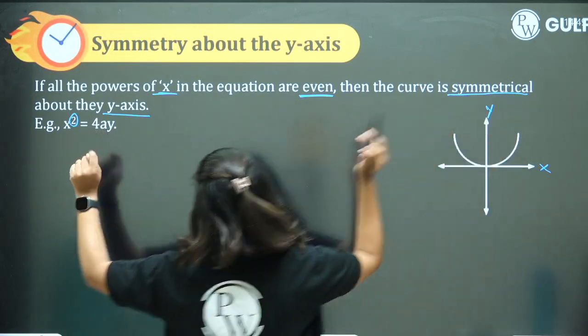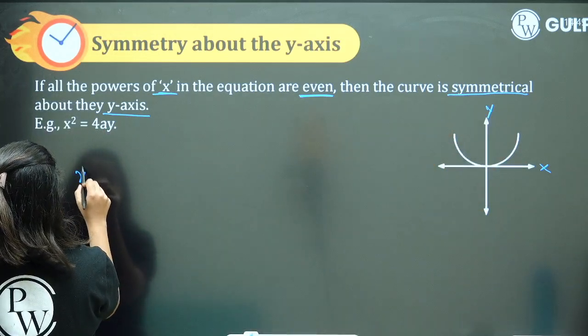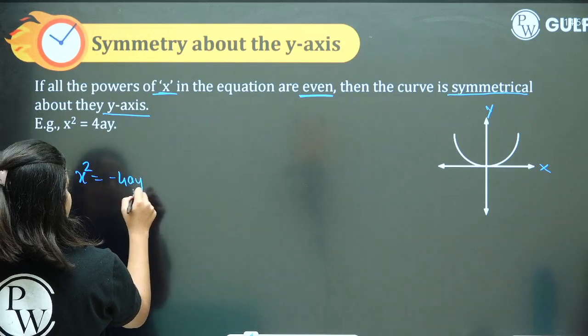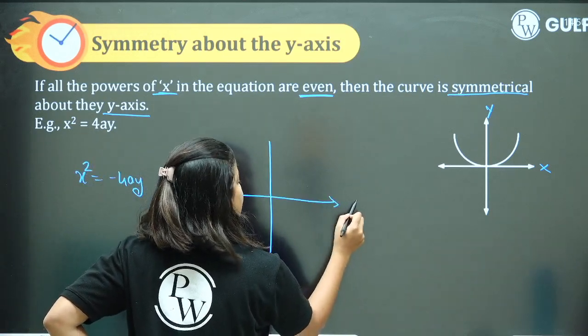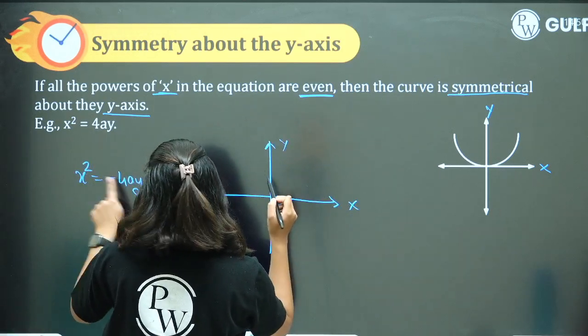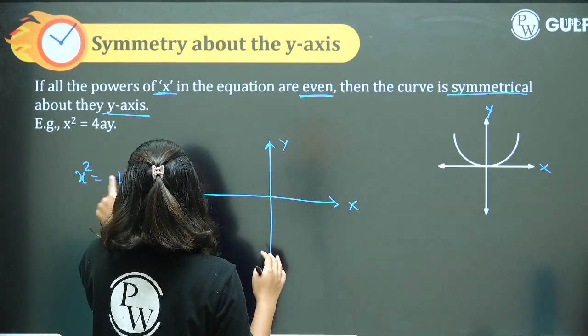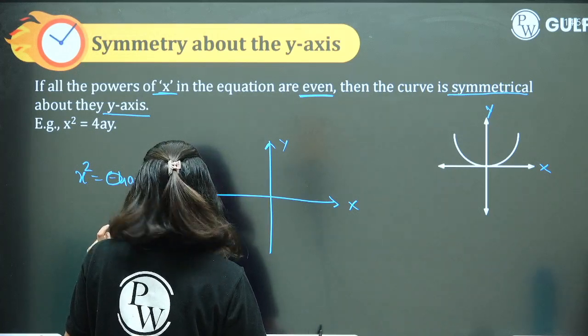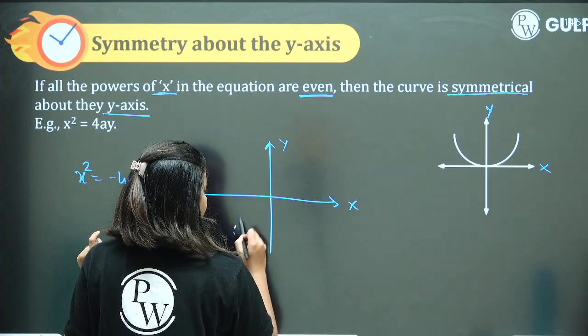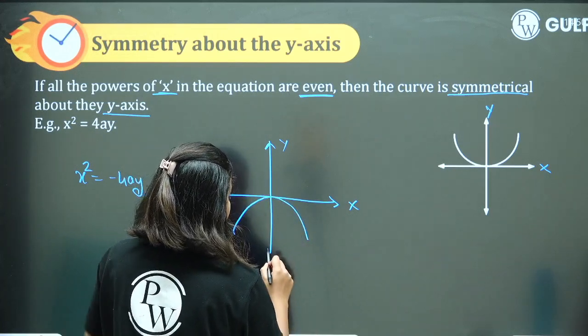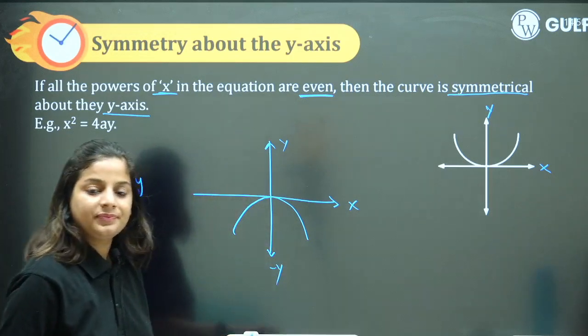So, on the positive y side. If the equation is x square equal to minus 4ay, then it is going to be symmetric along y-axis. Even power of x symmetric along y-axis. Y is negative. The curve will be on the negative y-axis.